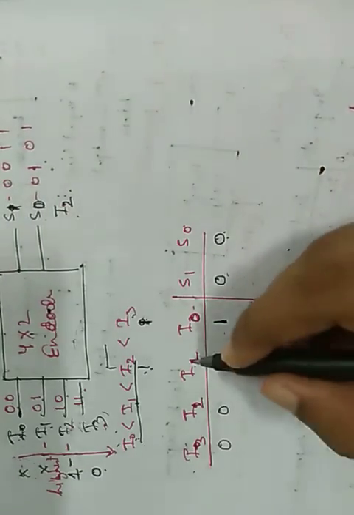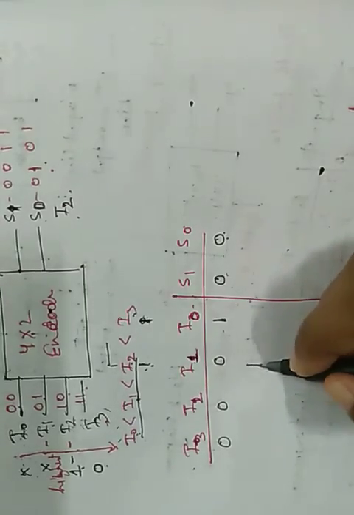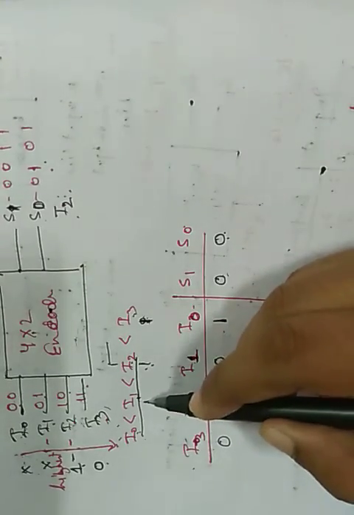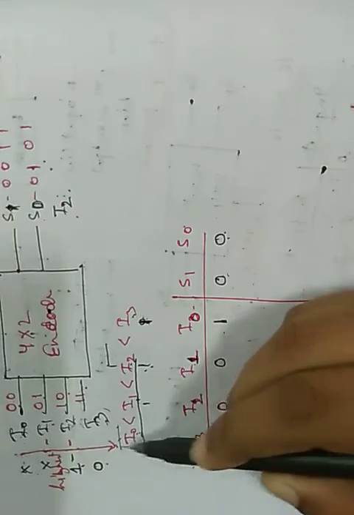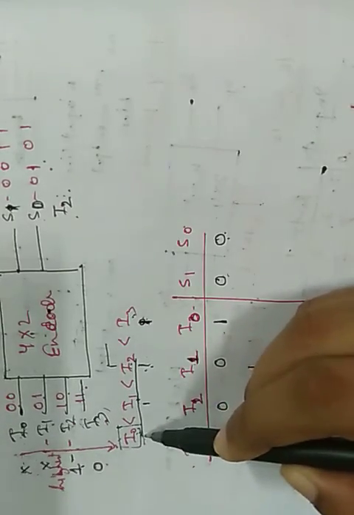If I1 is 1, then we don't need to check the value of I0, because I0 is the lowest priority.